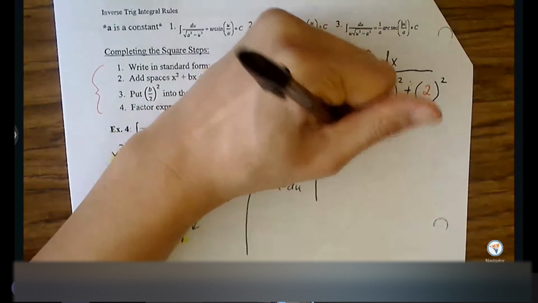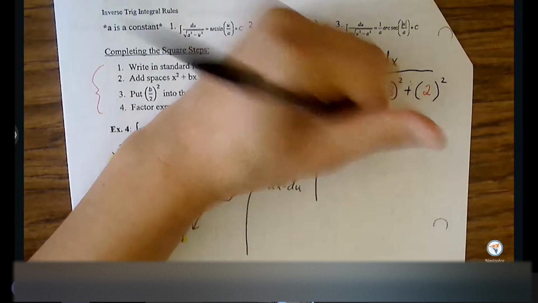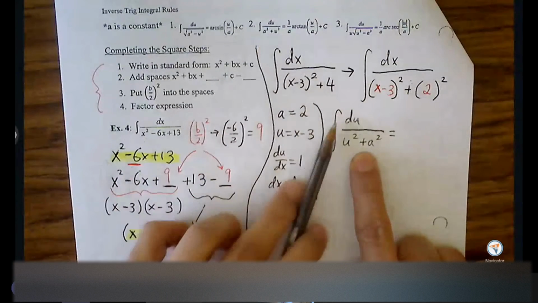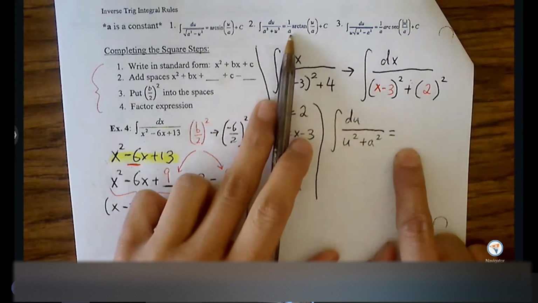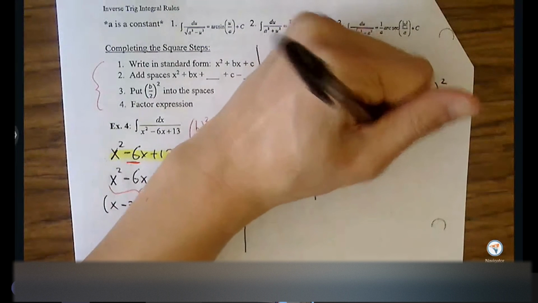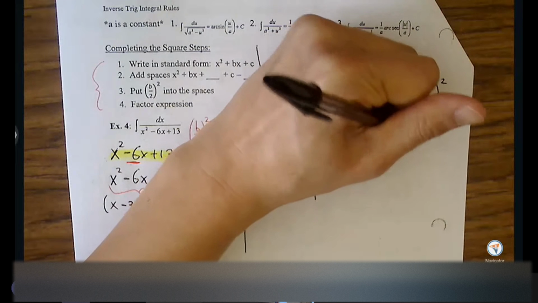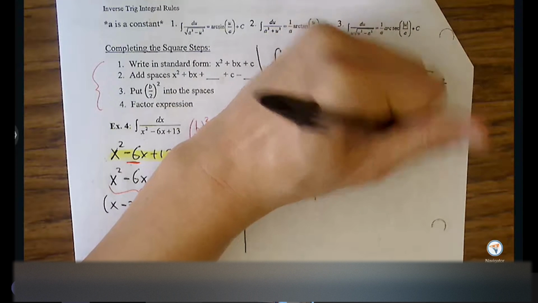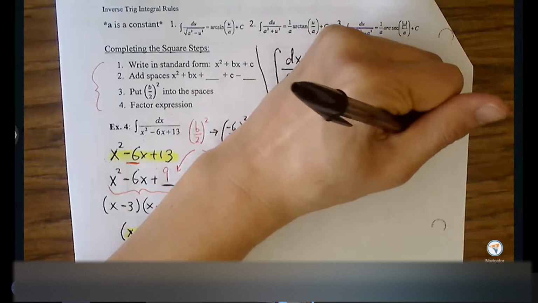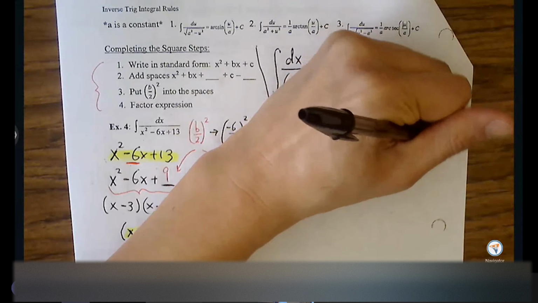U squared plus a squared. Perfect match. No coefficients to keep track of, so we're ready. 1 over a arctangent of u over a plus c. Let me write this a little better here.